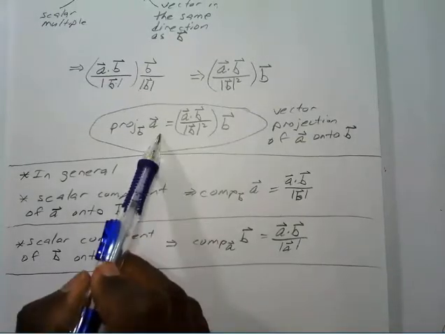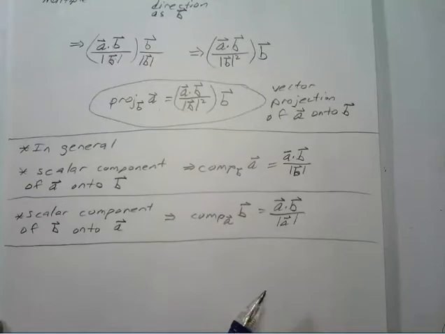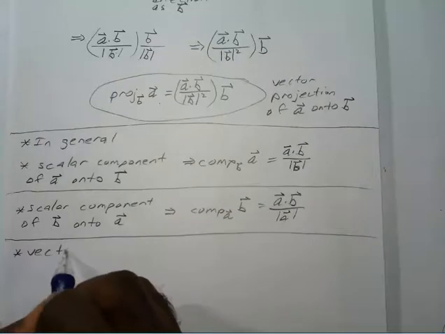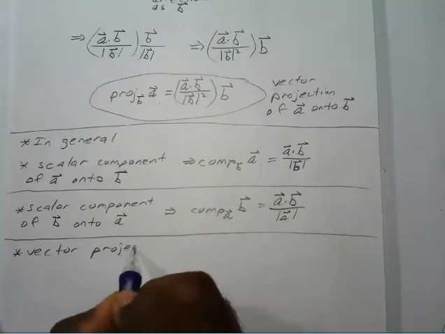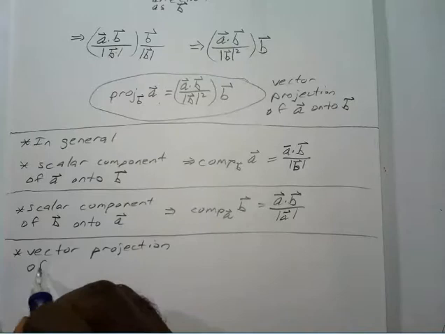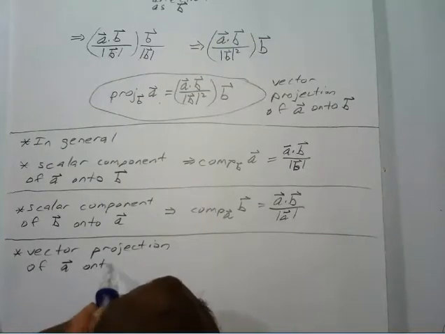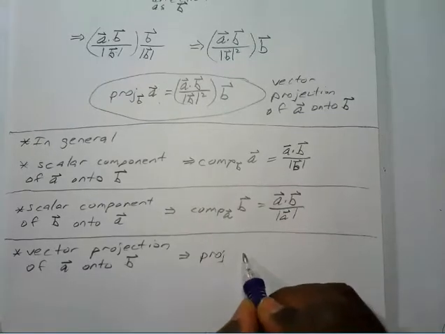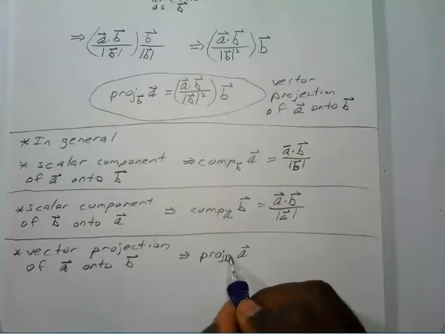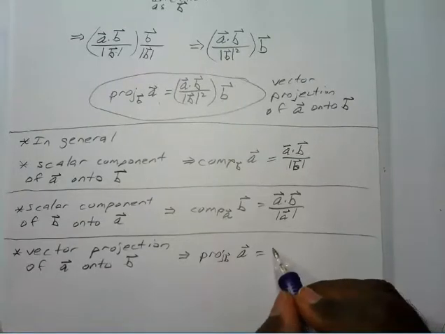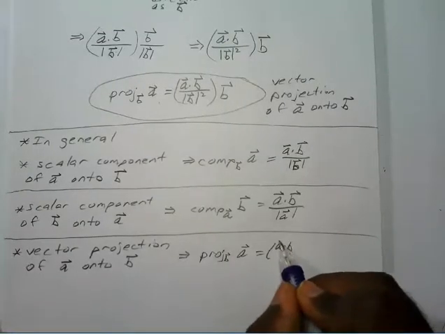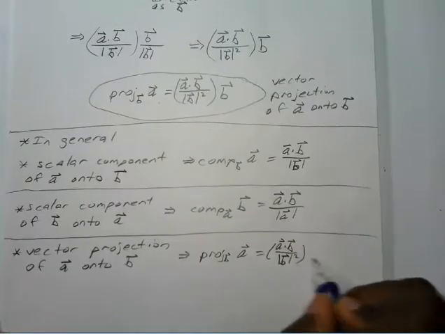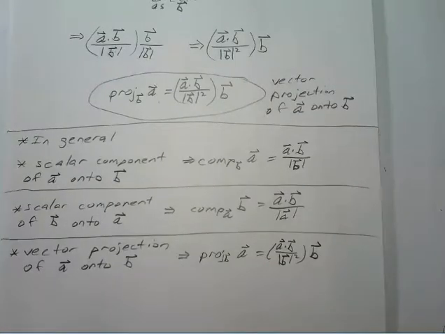And it's the same thing with the vector projection. If we have the vector projection of A onto B, that's equal to the dot product of the A and B vector divided by the magnitude of the B vector squared times your B vector.